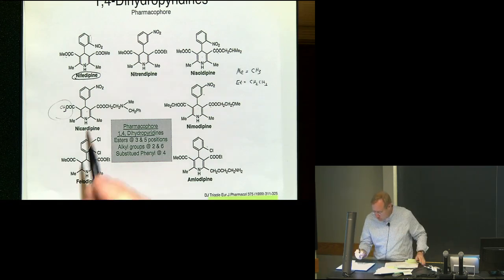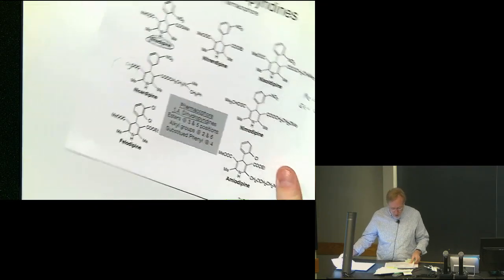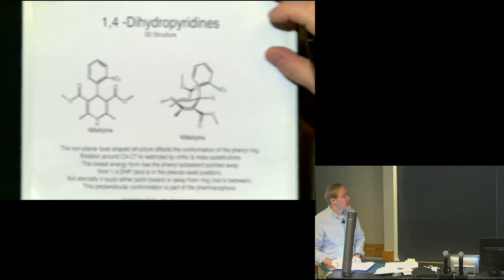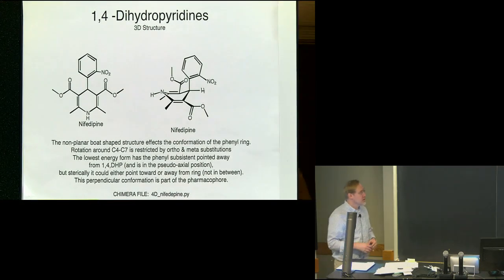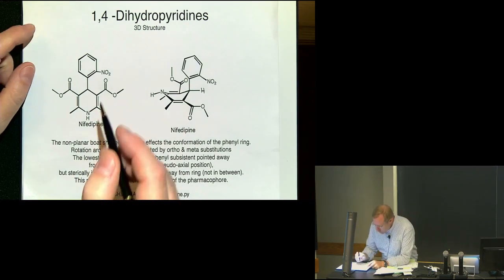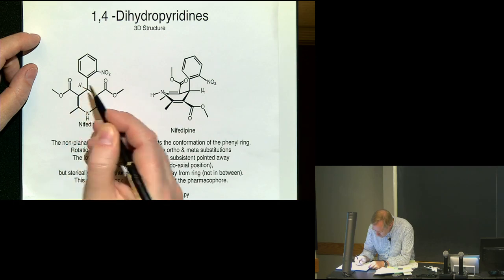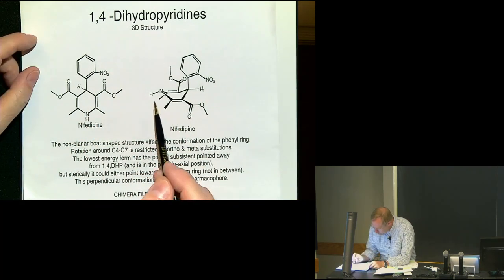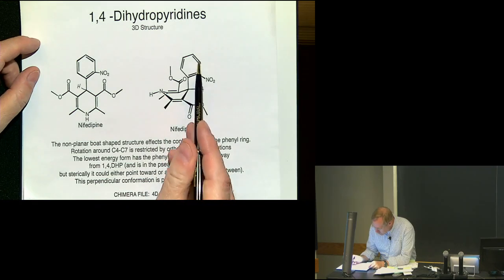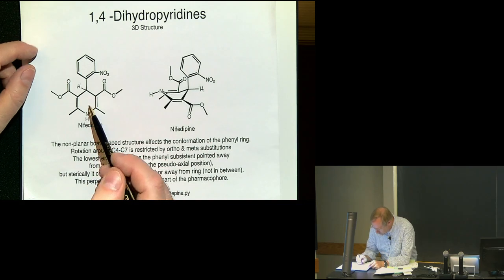Okay, now let's focus in on nifedipine as an example for the whole class. If you look at the structure flat, it kind of looks flat. But if you imagine the structure, that's actually a tetrahedral carbon there. So if you look at how it looks in 3D, here from the side, this phenyl group sticks up tall, almost perpendicular to the plane of this ring.